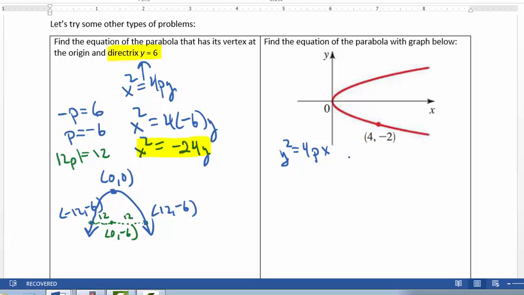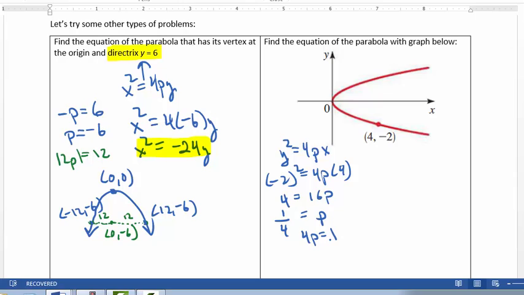So I would plug in 4 for x, negative 2 for y. So I'd write negative 2 squared equals 4p times 4. So this is going to be 4 equals 16p. Divide by 16. So p is 4/16, which is really 1/4. Which then means, of course, that 4p is going to be 1.